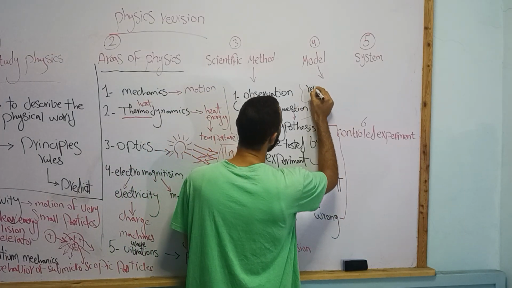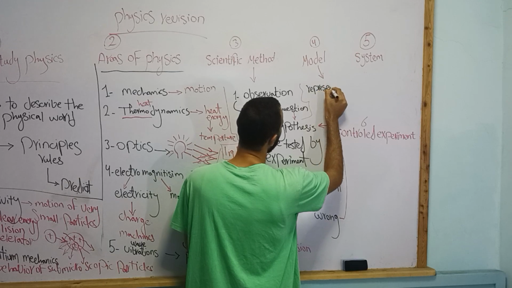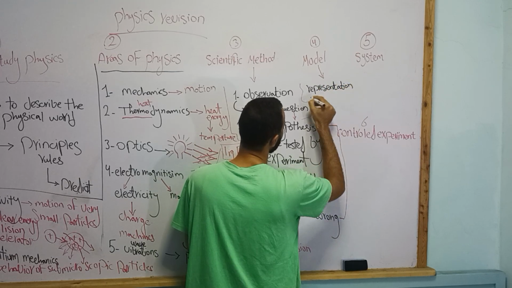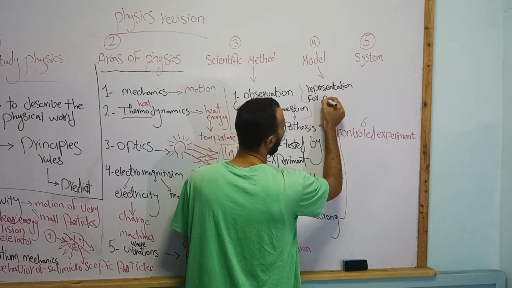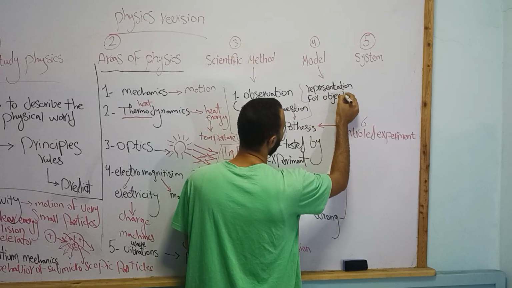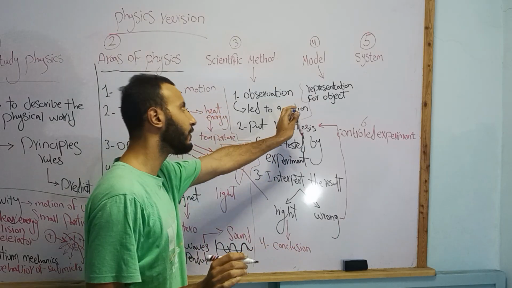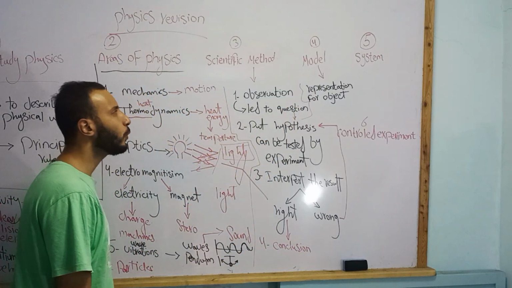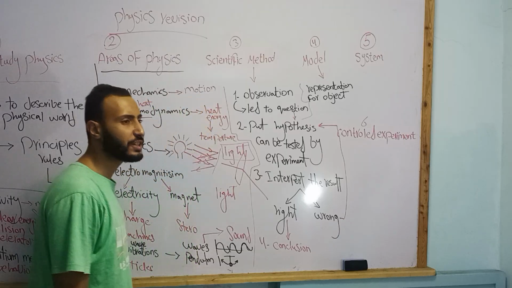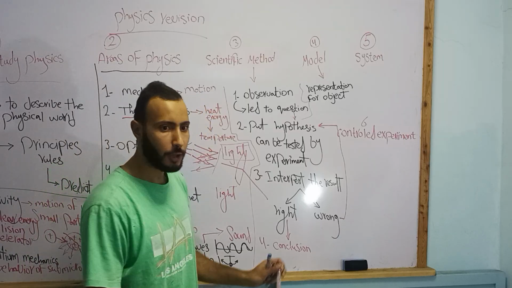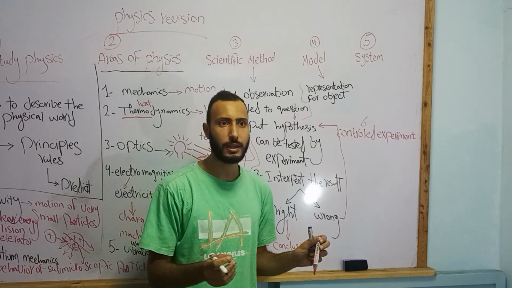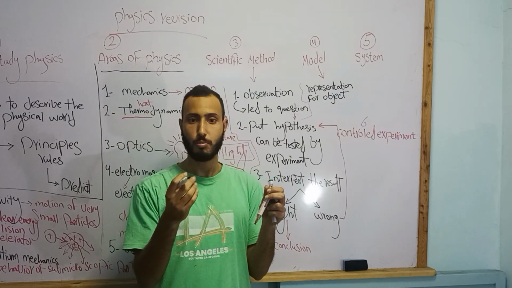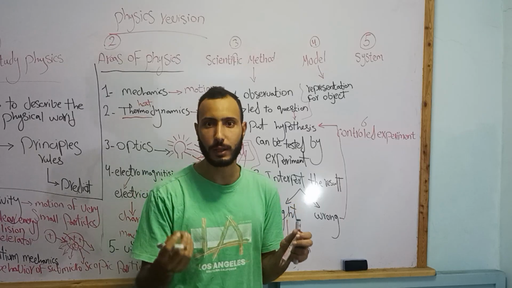Representation for an object or for something. Okay, its definition is representation for something. So now, why do we use models? Why do we tend to use models? Because if you have any representation for something, or if you have any model, you can explain on this model.